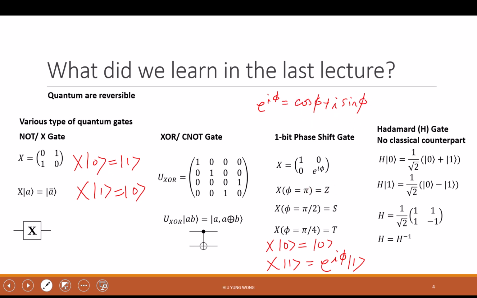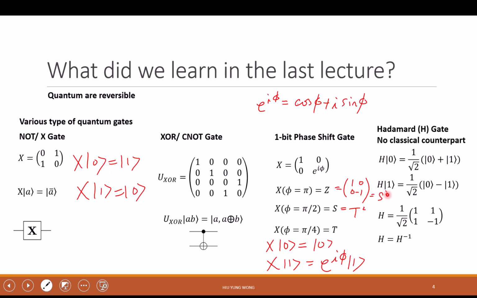So you get something called the Z gate, which is 1, 0, 0, -1. And we also have the S and T gates, basically T squared equals S, for their matrix. And then S squared equals Z.